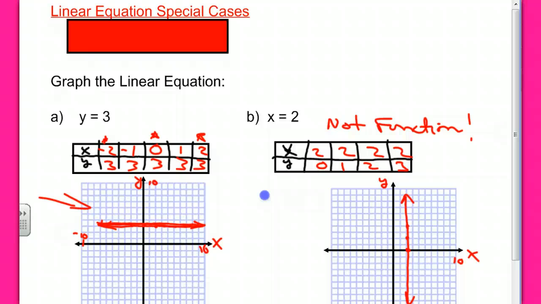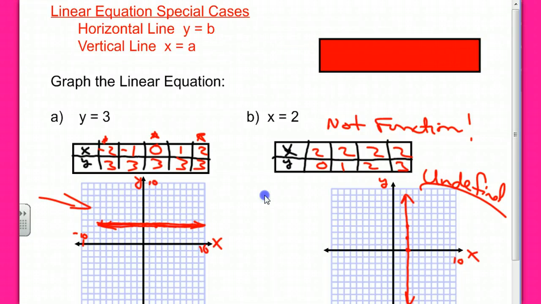All rise, and what's the run? 0. So what do you have? Oh, undefined. It's an undefined slope. So it's graphable. And here's a not-a-function that's graphable. And it's such a huge special case because of that undefined slope.